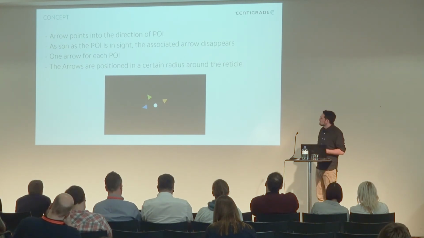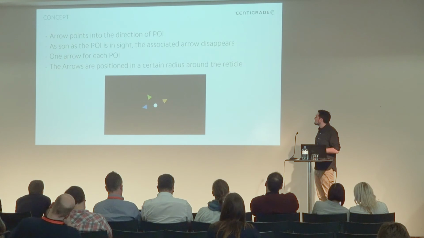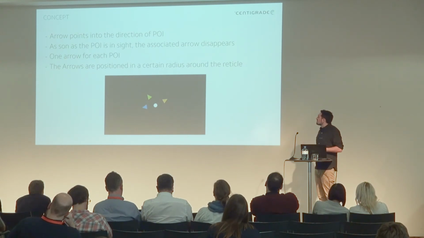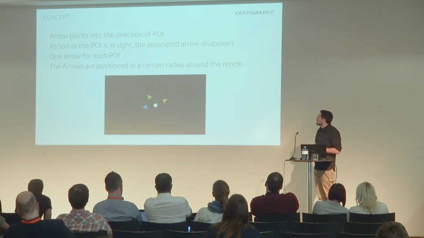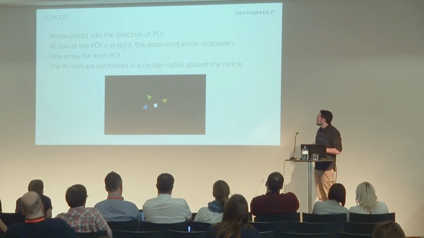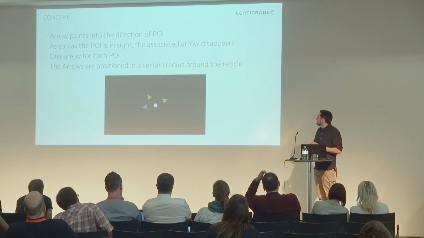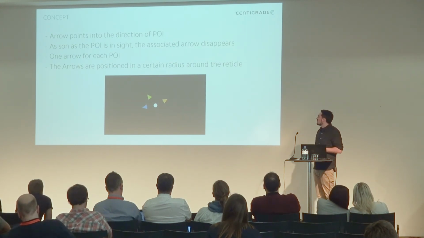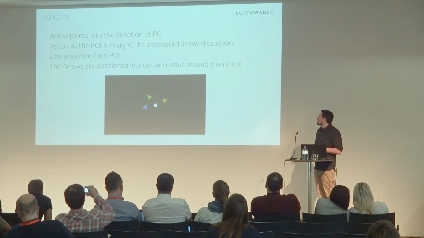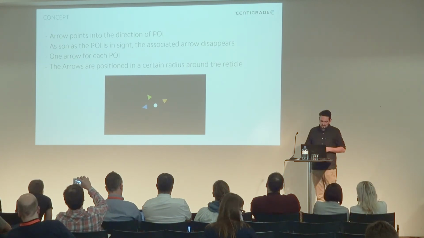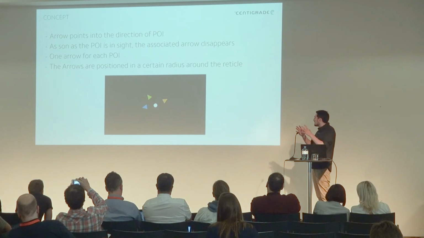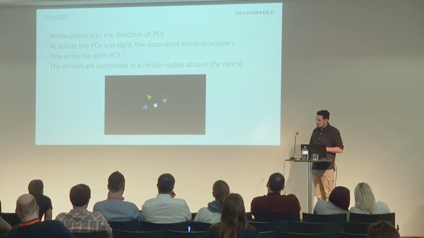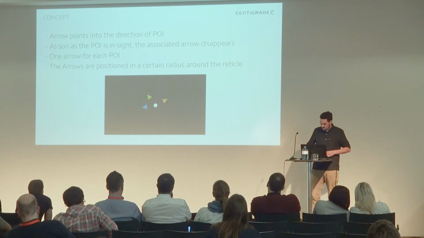So we created 4 points. First, an arrow always points into the direction of a given point of interest. As soon as the point of interest is inside the field of view, the associated indicator should disappear. One arrow or one indicator for each point of interest, and all the indicators should be placed in a certain radius around the reticle to have them always inside.